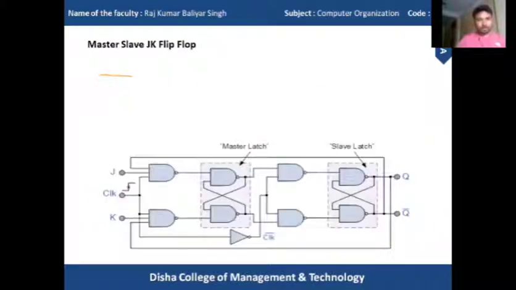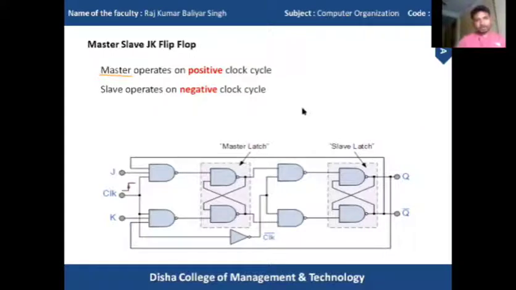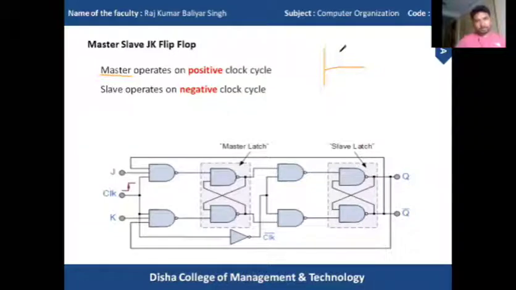The master flip-flop operates on the positive clock cycle, and the slave will operate on the negative clock cycle. As you know, the clock has two states, one is the positive state, another is the negative state.